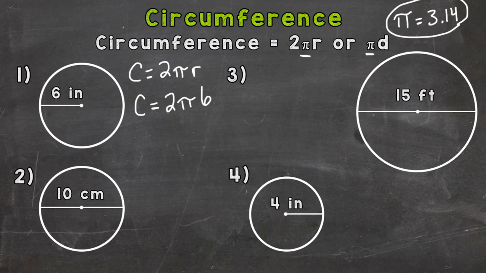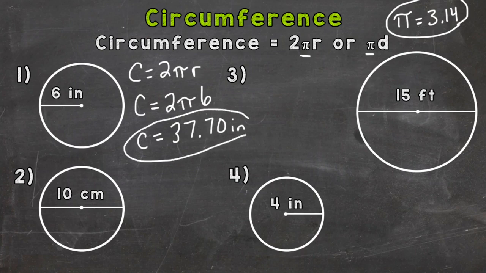Then we calculate. Once we punch it into our calculator, we should get 37.70, and you're going to get a pretty long decimal there, so I rounded to the hundredths place. Our unit of measure is inches.